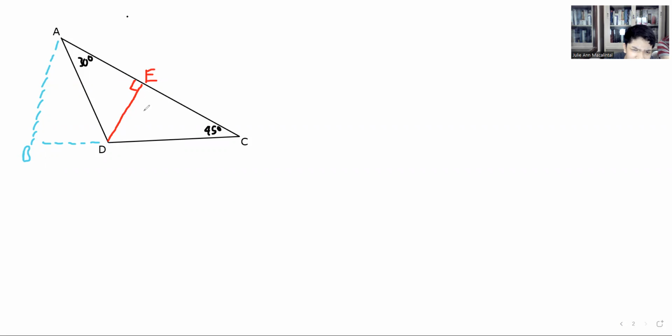Then we can find this angle EDC is 45 degrees and this will be 60 degrees. So we just found that ADE is a 30, 60, 90 triangle.